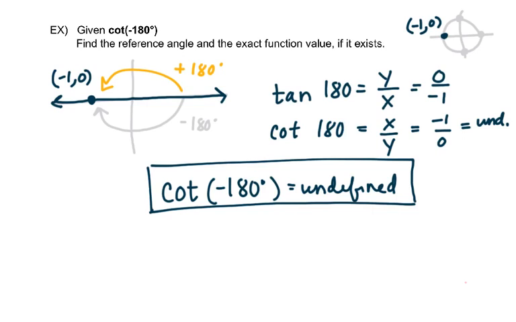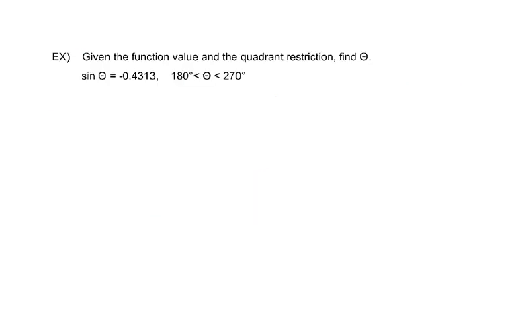Let's do 2 more examples, and we're going to think about them a little bit differently. For this example, we're given a function value and a quadrant restriction. We know that sine of theta equals -0.4313, and theta is between 180 and 270, or that theta is in quadrant 3.